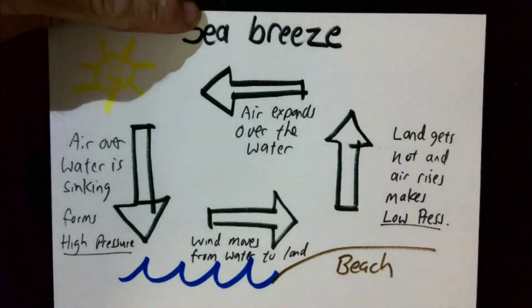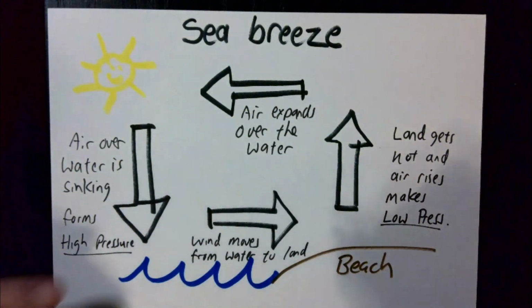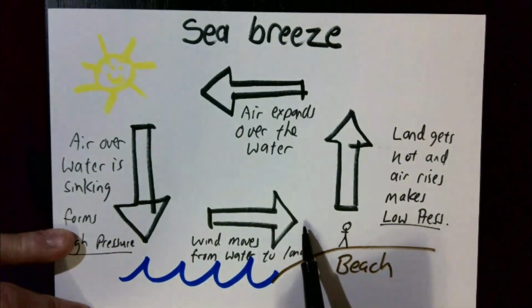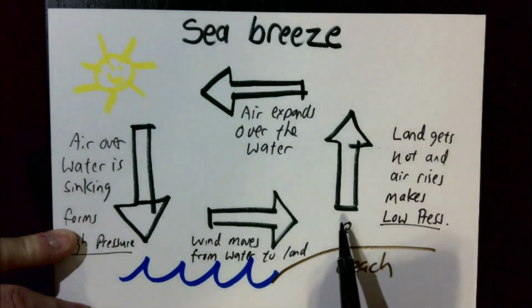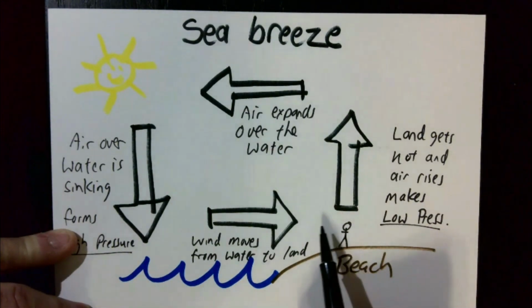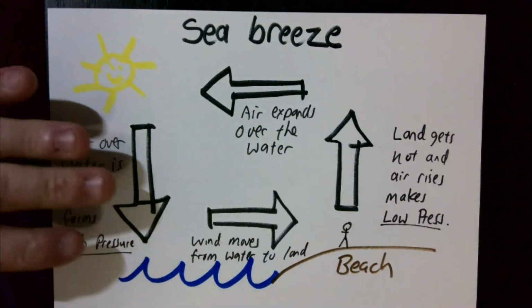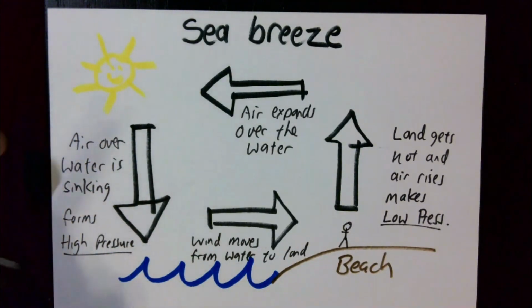The water is the sea, hence we have what's called a sea breeze. Because if you were standing right here, you would feel the air coming to you from over the water or from the sea, hence the name sea breeze. This is what you need to understand, and this is the diagram that you need to have in your notes.